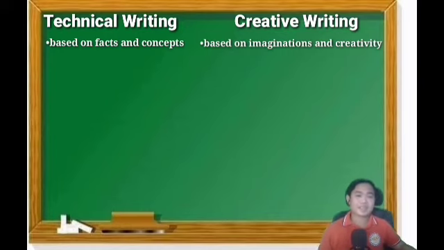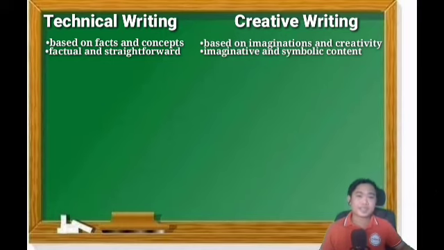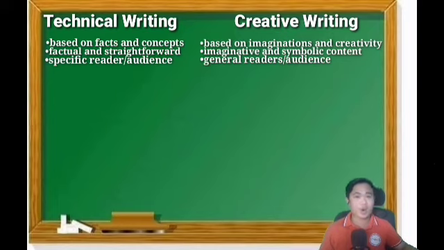Another one: technical writing focuses on what? Factual and straightforward content. While creative writing focuses on what? Imaginative and symbolic content. Another: technical writing has a specific reader or audience, while creative writing has a general reader or audience.